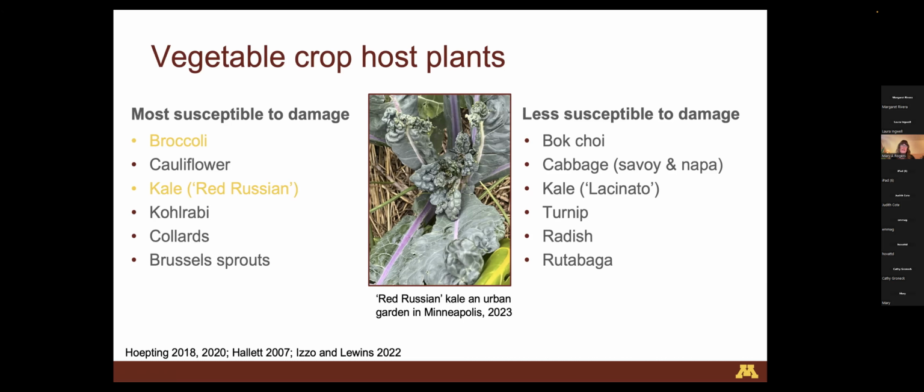So you have a higher risk with those particular crops than you do with these leafy vegetables. Even with this kale that's pretty damaged, you're still getting some harvestable leaves from that crop. So leafy vegetables, even though they're great hosts, you can still get market harvestable material from them, as opposed to these head-forming vegetables.